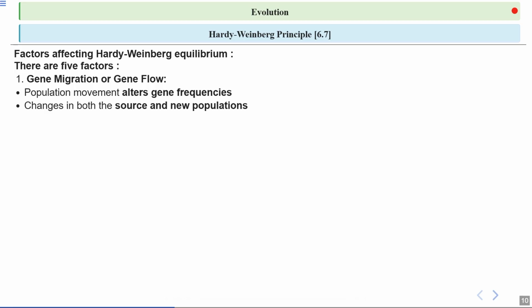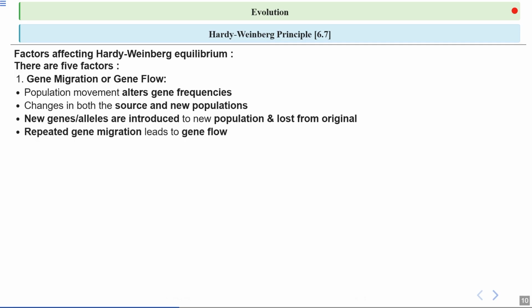So there is change in both the source and the new population. The gene frequencies, or the allele frequencies, of both the source population and the new population can change. New genes or alleles are introduced to a new population or they are lost from the original population, so gene frequencies are being changed.